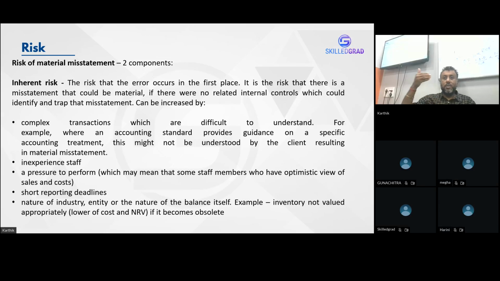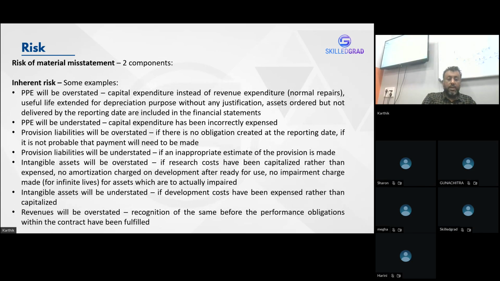Maybe the product has very low demand, with only an occasional sale. For example, a DVD player. If I have DVD players, how will I find the value? Who's buying DVD players now? I carry it at cost in the balance sheet. Is it accurate? That could be a problem. Clear? Then, some examples of inherent risk.